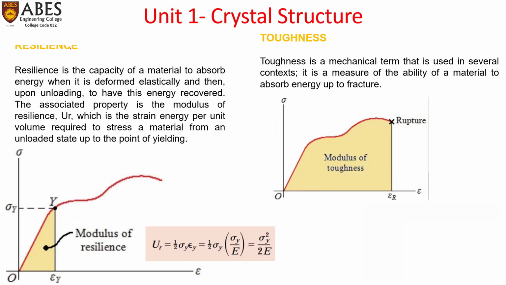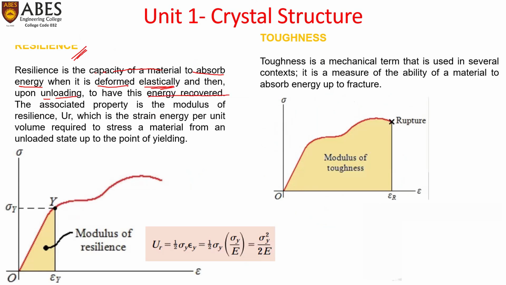Now there's another property which is very important from a design point of view, that is the resilience of a material. Resilience is the capacity of a material to absorb energy when it is deformed elastically. How much energy it absorbs when deformed elastically, up to the elastic region, and then upon unloading, this energy is recovered.